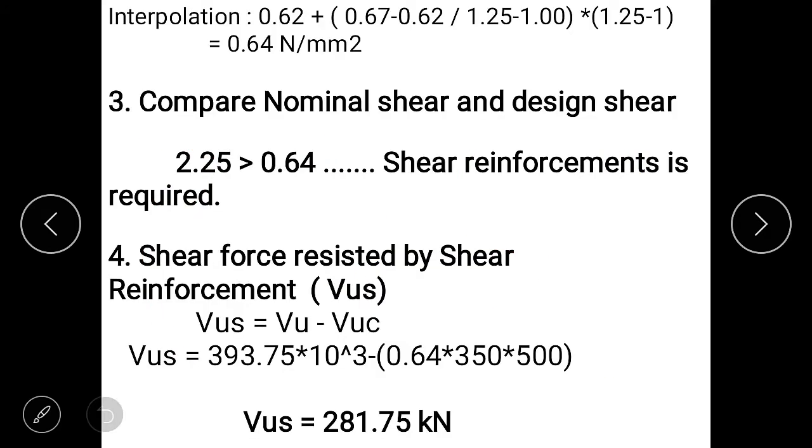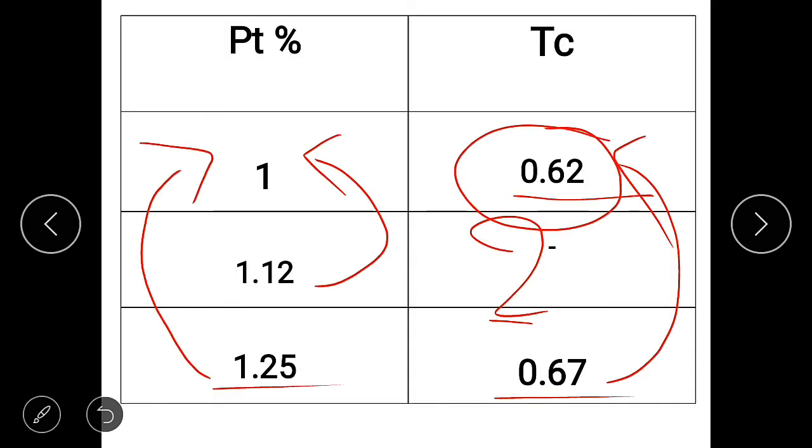So our value is 0.64. This value is okay because it lies between these two. So 0.64.